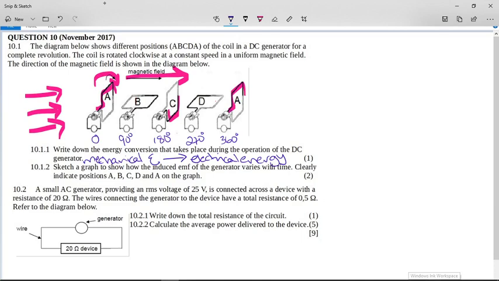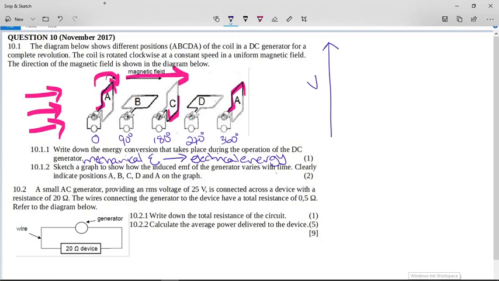Now it says, sketch a graph to show how the induced EMF of the generator varies with time. Clearly indicate positions A, B, C, D, and A on the graph. So we're drawing a voltage graph against time. So when we draw this graph, we need to think about, are we drawing a sine curve, or are we drawing that set of little hills?